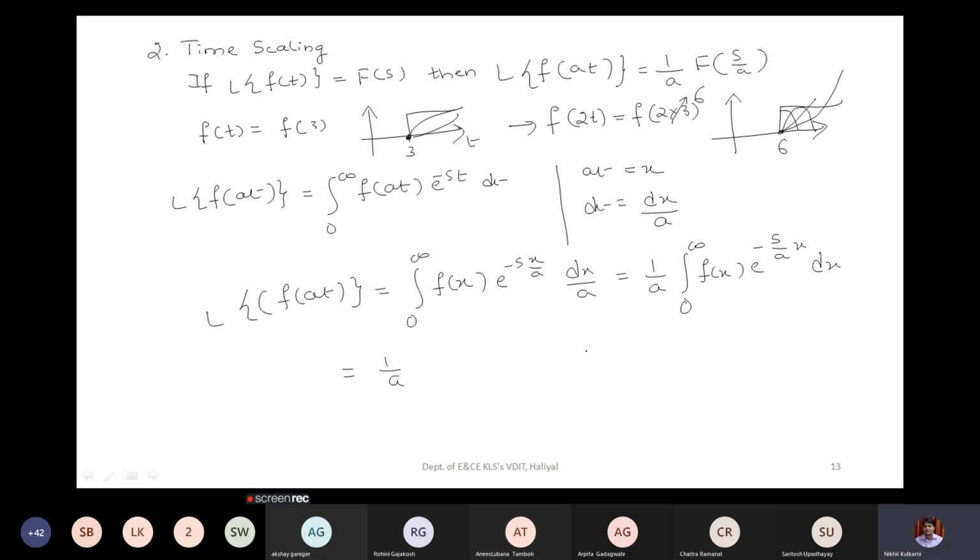So there also, if you further solve it, it should give you f of s by a. Okay, so this is the second property that we have.